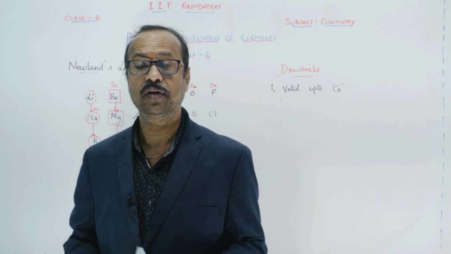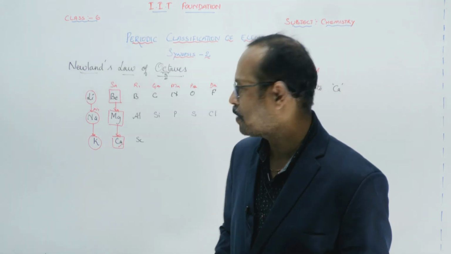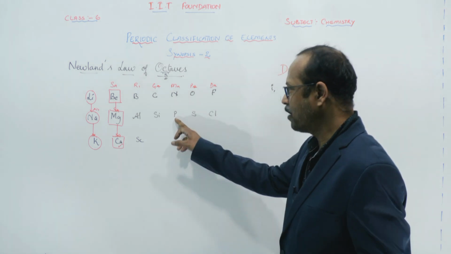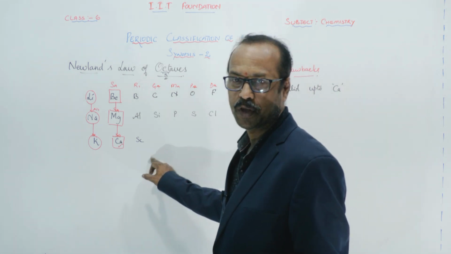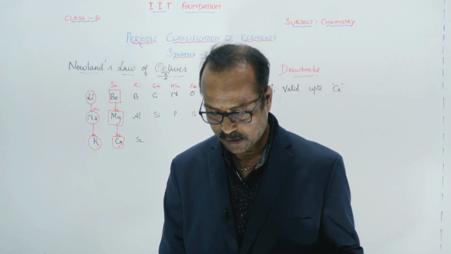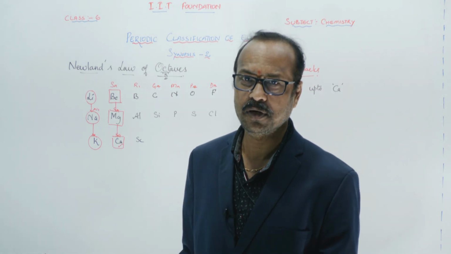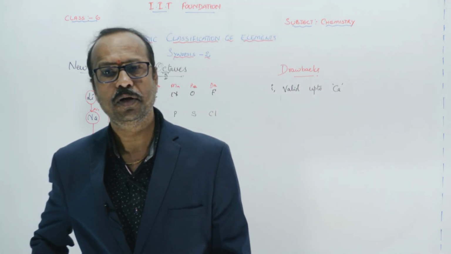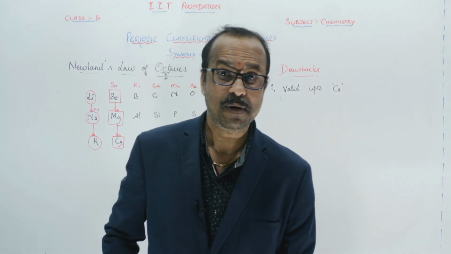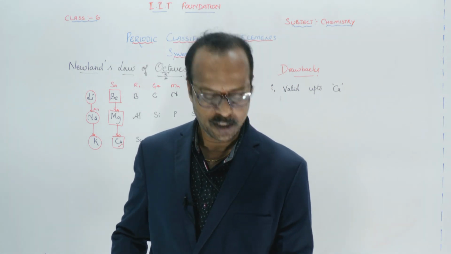So the total is 15, and atomic number 15 is phosphorus. Which element comes after phosphorus? According to Newland's, it should be 15 plus 8, 23. But in the actual periodic table it will not come that way. Below it in the periodic table you get 15 plus 18, that is 33. So the element is 33, and the option is 4.